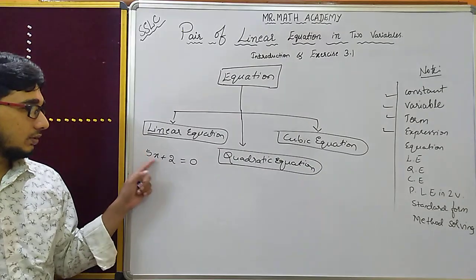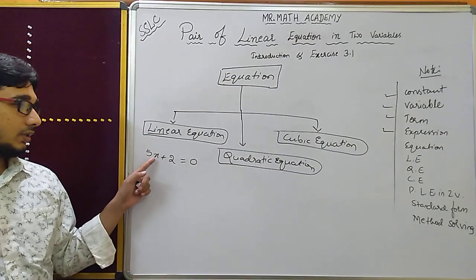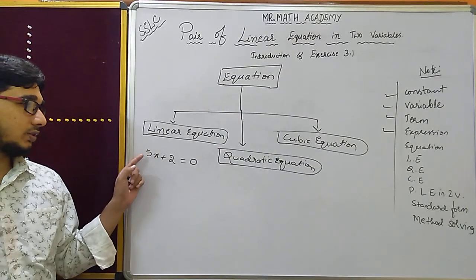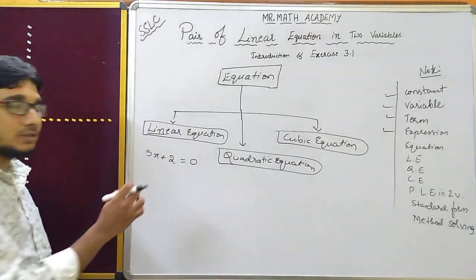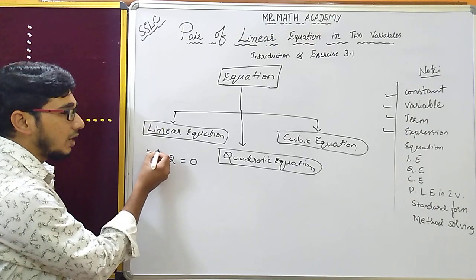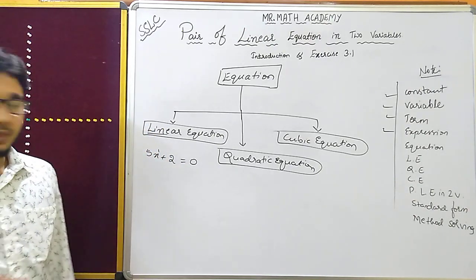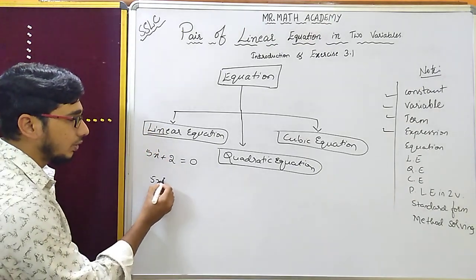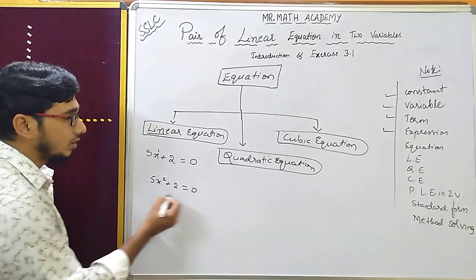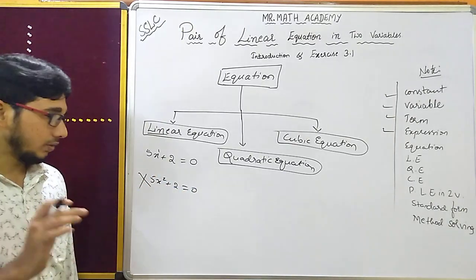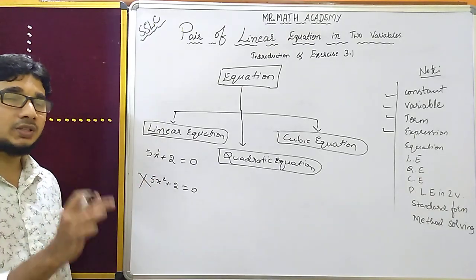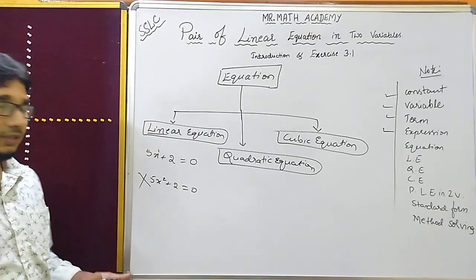Now this x is known as variable, this is the coefficient of x. If it is 5x square plus 2, it is not linear because power is 2. On the variable, if the power is 1, then we call it a linear.